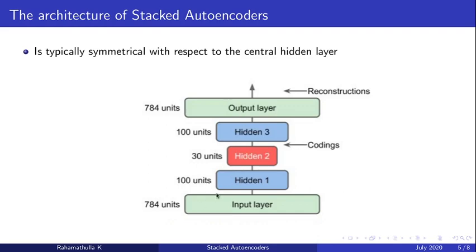So this sort of a symmetrical structure will be there for your stacked autoencoder. In the third hidden layer you have 100 units, and in the reconstruction stage you have 784 units. So this is your input layer, this is your output layer. At the output layer you have the reconstructed data, and in the most central hidden layer you are going to get the coding.